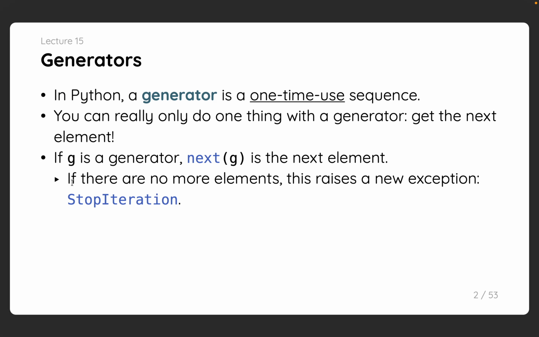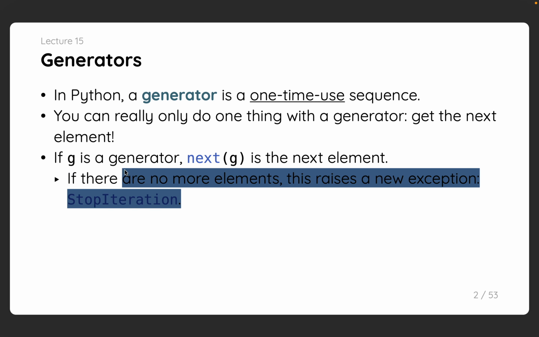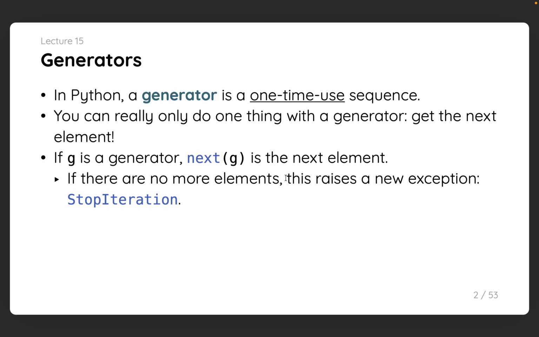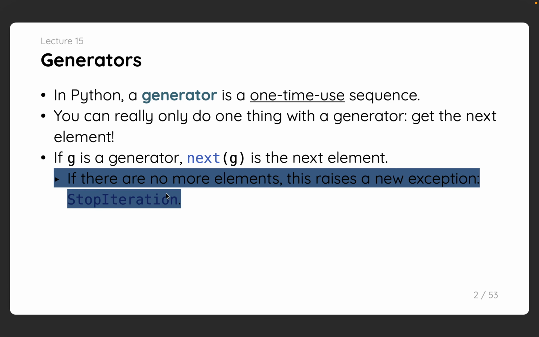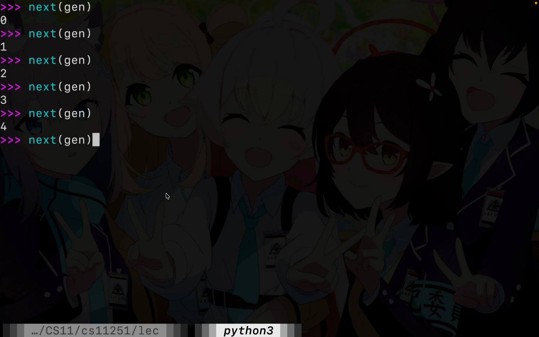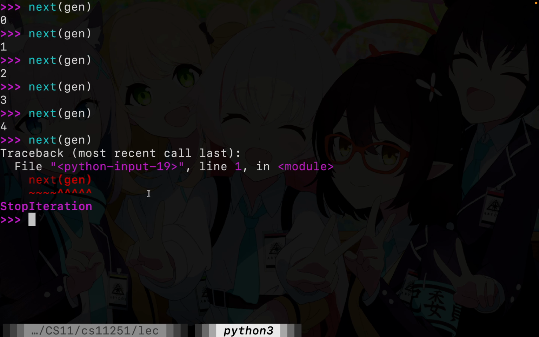If there are no more elements, then an exception is raised. Remember exceptions from lecture 11. These pop up whenever you do something that causes a problem, or Python has a problem with what you're doing. If we try to do this one more time, we will get a StopIteration, which essentially means you're done going through all the elements of the generator.